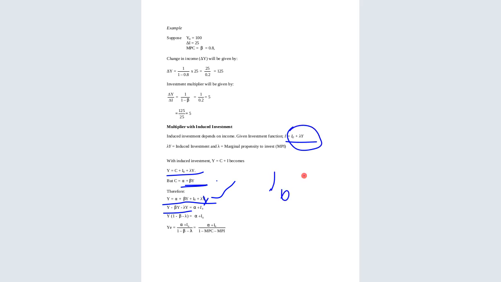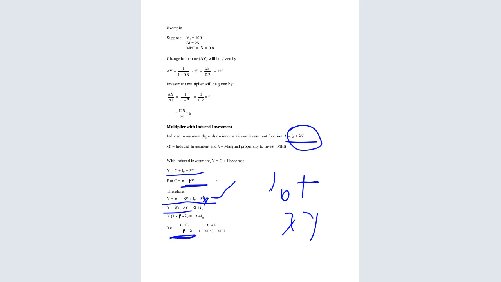So it is supposed to be I naught plus lambda y. So there is a lambda here, so that when you factor out y, this is what you'll get.